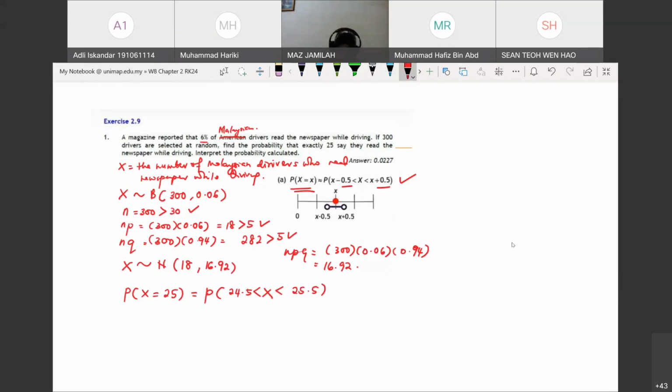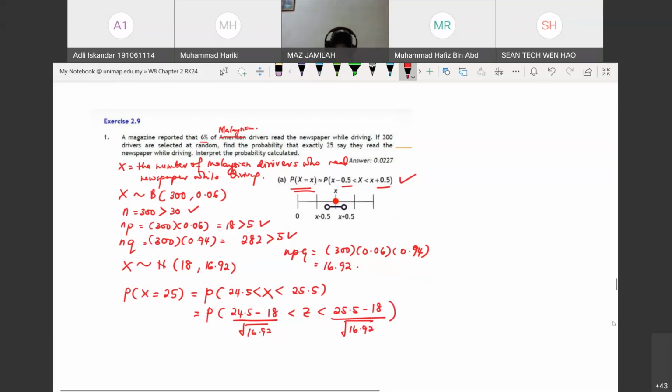Okay, so transformation to Z: P((24.5 minus 300) divided by the standard deviation, square root of 16.92), X becomes Z. Okay, 25.5 minus, sorry, not 300. No, someone corrected me, yeah? Not 300, it's 18. 18 divided by square root 16.92.